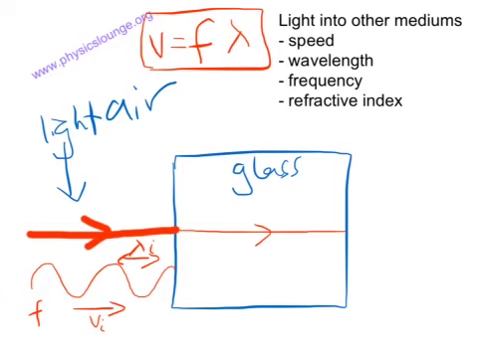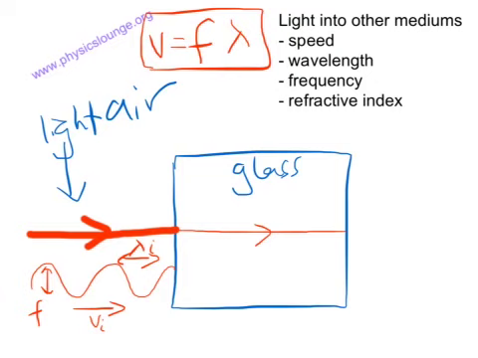F is the frequency of the light, which is the rate at which the wave moves up and down, vibrating, if you like, as it travels. Trying to keep it relatively simple, that's not the main focus, so I won't labour that description. And the wavelength is the length of the wave from peak to peak before it starts repeating itself.